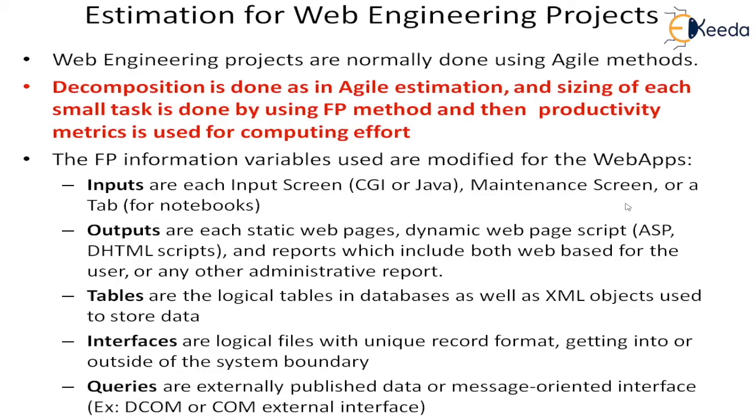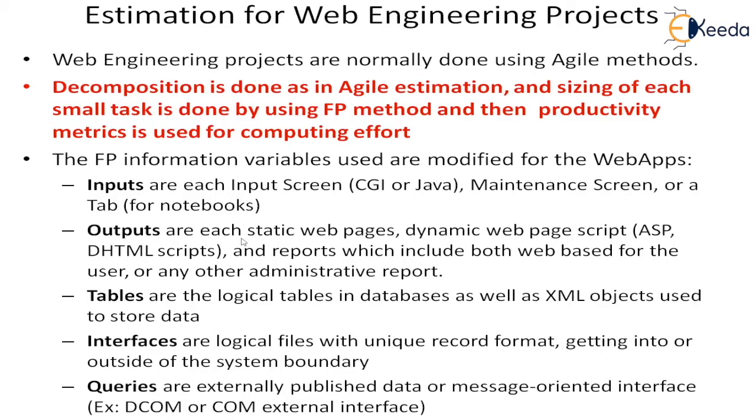And also we will have some maintenance screens, which are meant for the administrative part of the web app, the administrative tasks and operations we have to do, and also for the upkeep of the web application. Or we can also think of tabs, because when people use notebooks, instead of screen they say tab. So that is what we will have to count: how many input screens we have as part of the inputs and how many maintenance screens we have.